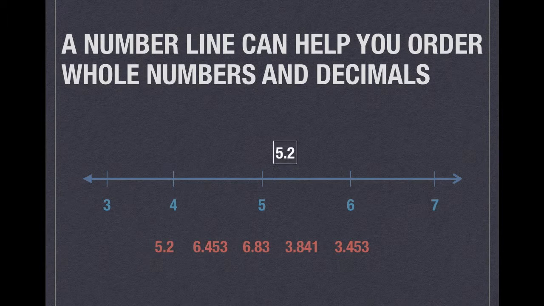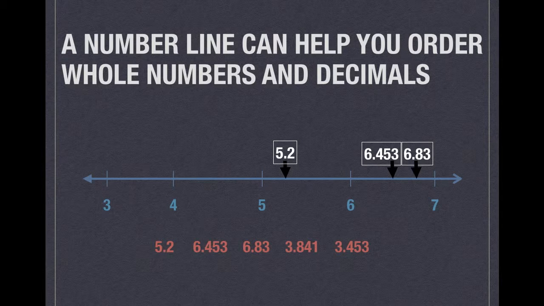This number falls just to the right of the 5. The next number falls to the right of the 6, almost in the middle. The next number, 6 and 83 hundredths, falls to the right of the last number we ordered, but not far enough to where it goes over the 7.